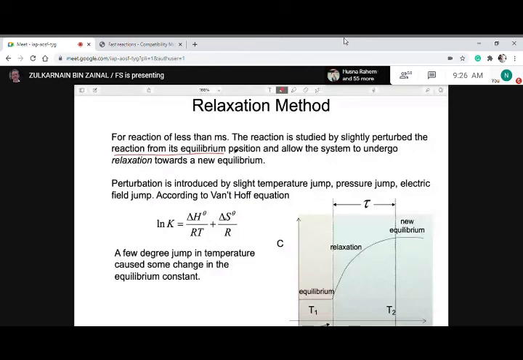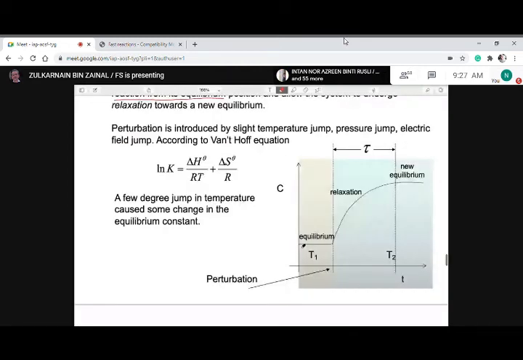As you can see here, this is the reaction which is in equilibrium. At this point, we disturb the reaction, right?